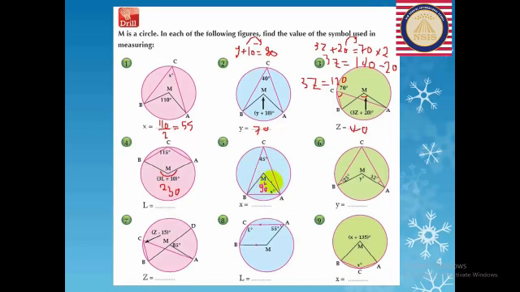If this is 90 and this equals that because they are both radii, then x is a base angle in an isosceles triangle, so it equals 180 minus 90, divided by 2, which is 45.